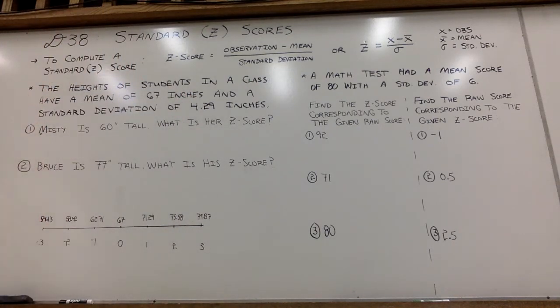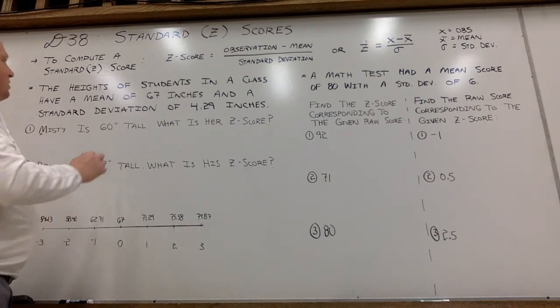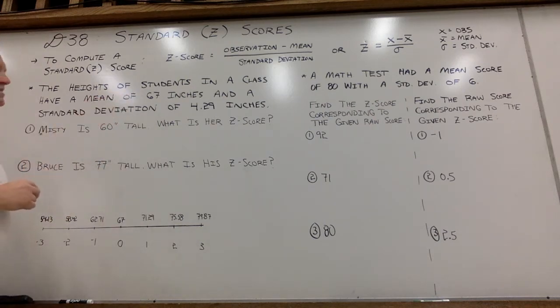So we've got a class of students here, and we are going to analyze their heights in inches. The mean is 67 inches, so I'm going to say x bar is 67, and a standard deviation, sigma, of 4.29 inches.